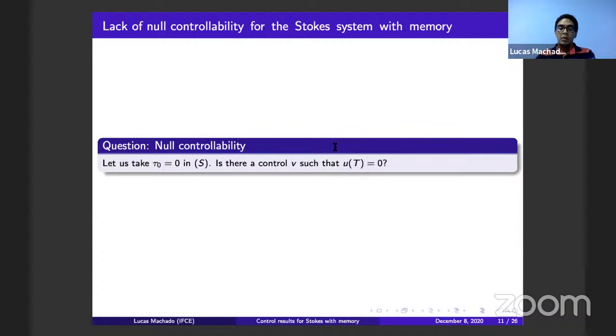So a question is: what can you say about null controllability for Stokes equations with memory? Is there a control such that u at final time is equal to 0? Well, the answer is no. We prove that there are initial data that cannot be driven to 0, okay?